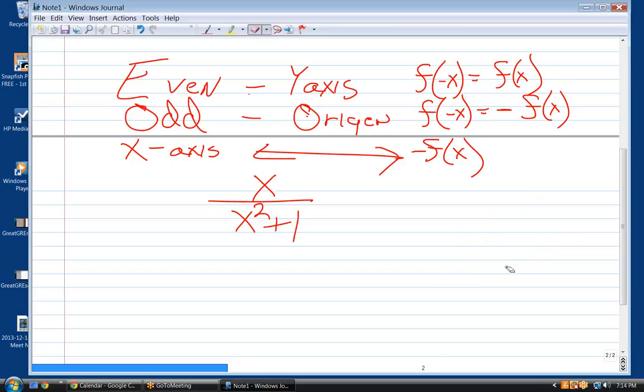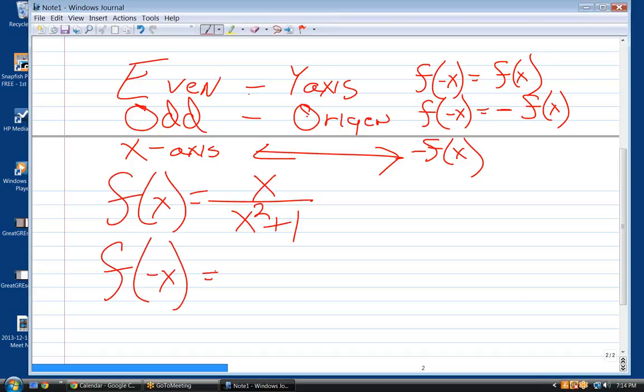So, with those regards, let's look at this function here. If this is f of x, then let's figure out what f of minus x is, and that'll tell us a lot. What is f of minus x? Just negative x over, it would still be x squared plus 1.